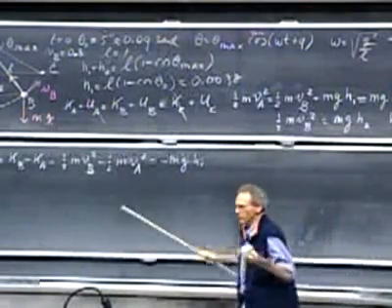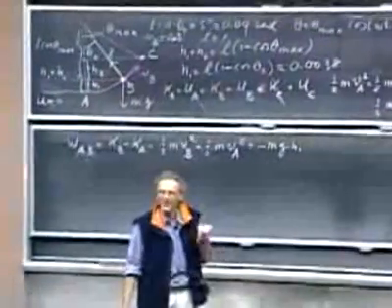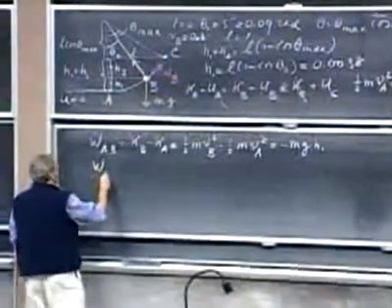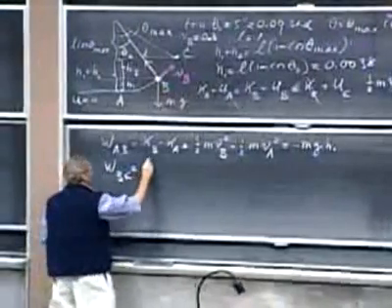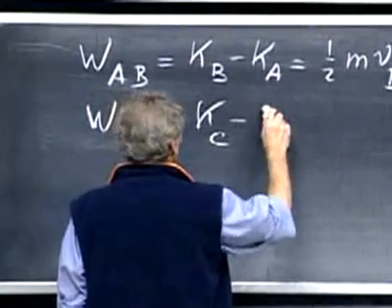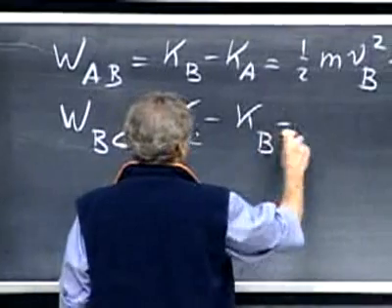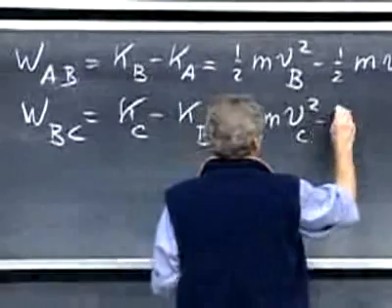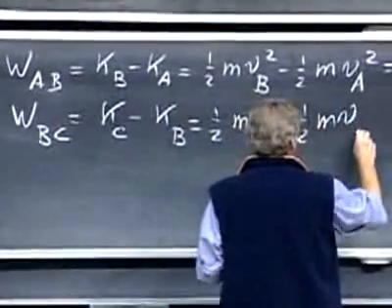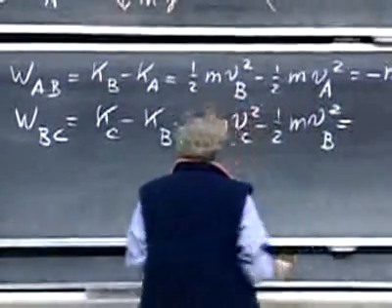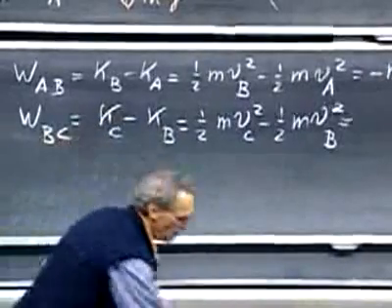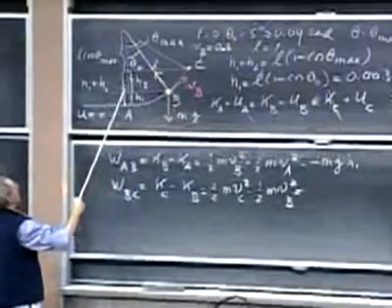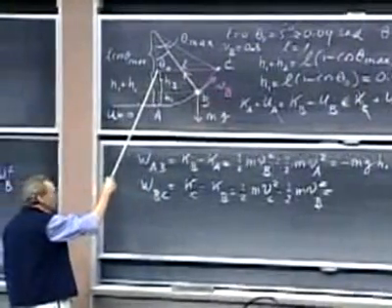So the work-energy theorem is, of course, in a way the same as the conservation of mechanical energy. The work done when the object goes from B to C is the kinetic energy at C minus the kinetic energy at B. That equals 1/2 m vc squared minus 1/2 m vb squared. And that is the work that gravity is doing when the object goes from B to C. And that work is minus mgh2.